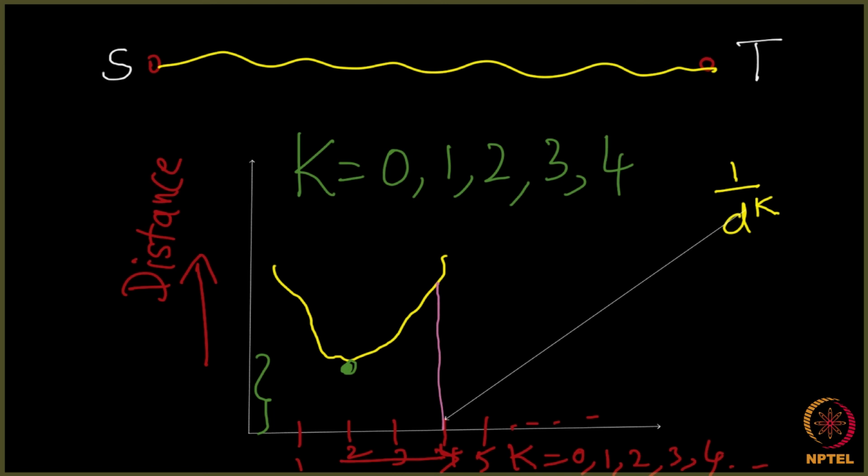When you want to go from the source to the target, it is a longer path if you were to choose k as 4. If you were to choose k as 2, the path from S to T. What do I mean by path from S to T? The same old Milgram experiment. When you take a node and you go to the next node which is closest to T on the grid. Of all the neighbors, you choose that node that is closest to T on the grid. That is what we have been discussing all this while.